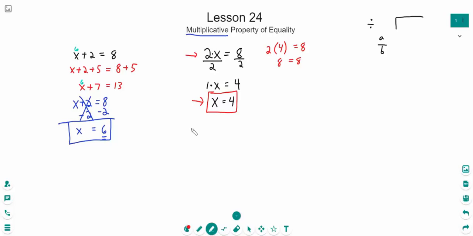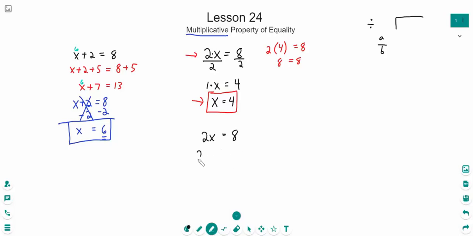All right. So what that actually means is, again, just to stress what we're doing here, if I have that equation 2x equals 8, just like in addition, I can also do the same thing with multiplication. I can multiply this side by any number I want, as long as I do it to this side as well. And the value of x will not change.